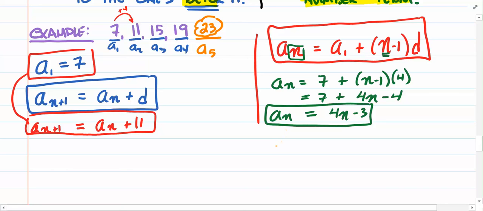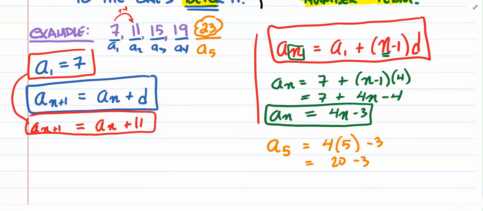Well, that's what this will tell me if I plug in a sub 5. It would have to be 4 times the value of 5, right? And then I would subtract off the 3. So that would give me 4 times 5, which is 20, minus 3.